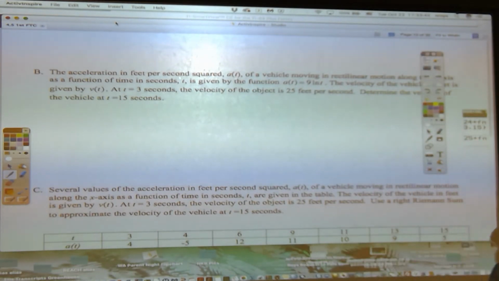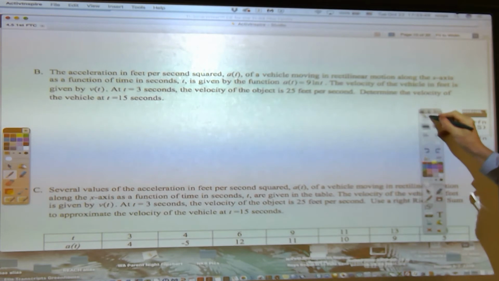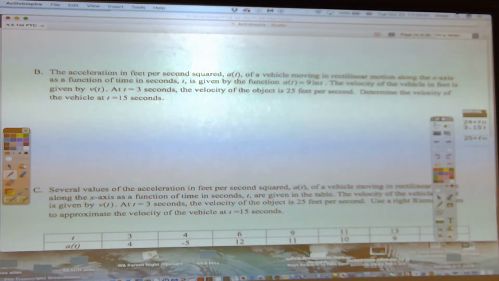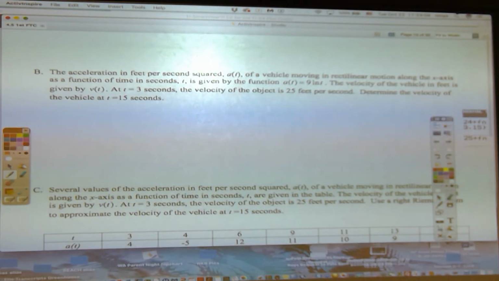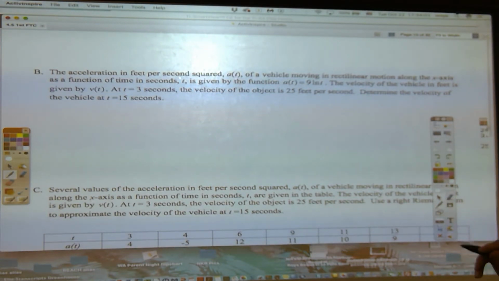Here it says the acceleration in feet per second squared of a vehicle moving in rectilinear motion along the x-axis as a function of time t is given by the function a of t equals 9 natural log t. Okay, the velocity of the vehicle in feet is given by that. Determine the velocity of the vehicle at 15.